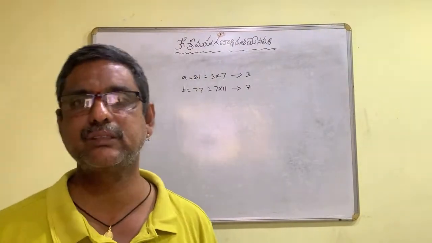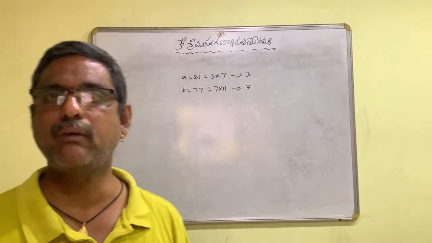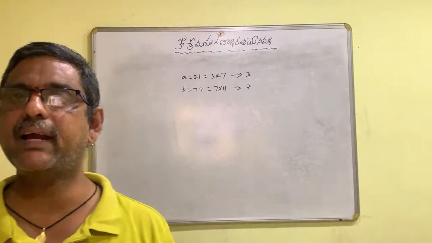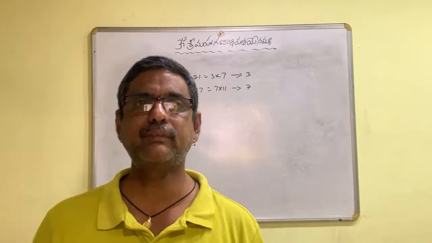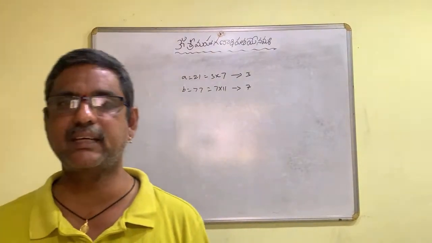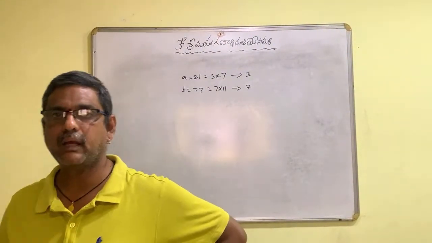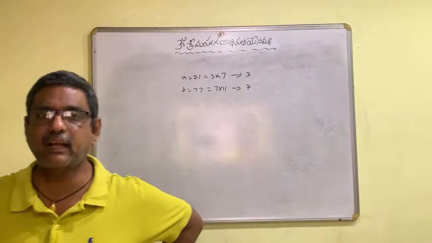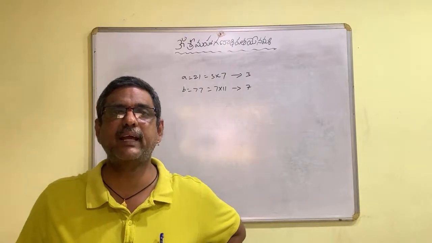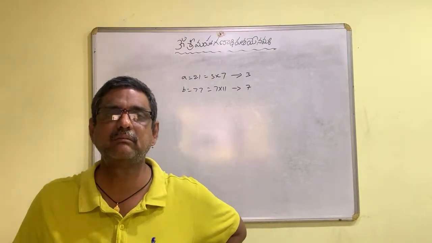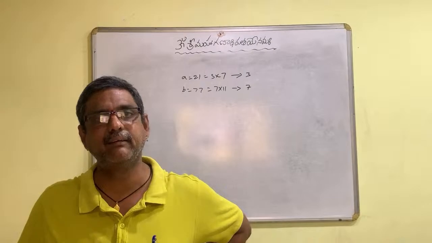First listen to this. I took A as 21. Prime factorization of A is 3 into 7. So out of 3 into 7, 3 is the least prime factor. And 77 is the other number. Prime factorization 7 into 11, so the least prime factor is 7.